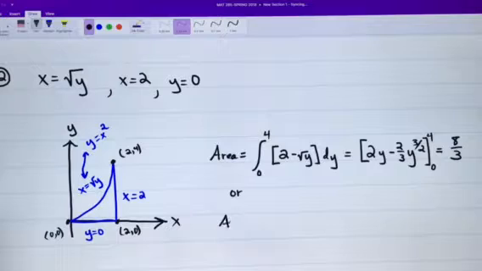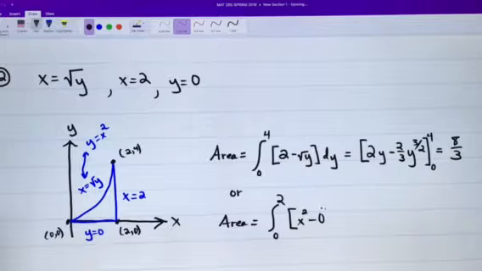And let me mention now, if I were to integrate with respect to x, I'd be going from x is equal to 0 to x is equal to 2, and we have the upper function minus the lower function. So I have x squared at the top, 0 at the bottom. This will lead to just integrating x squared dx.